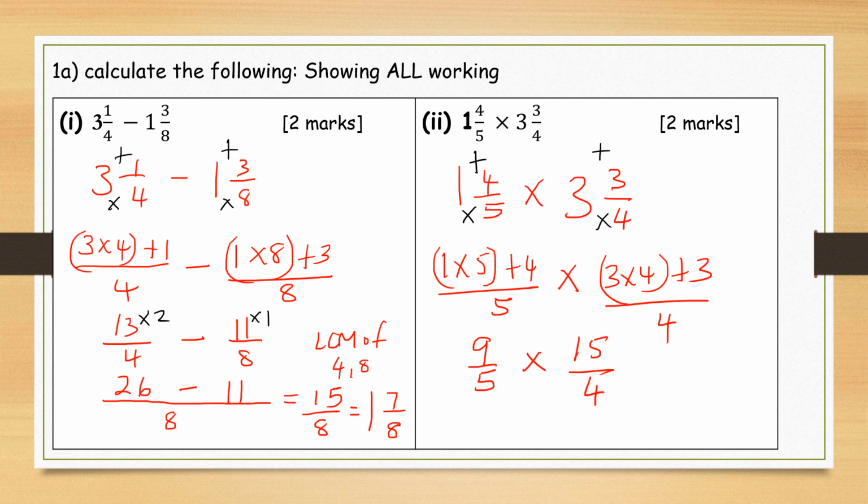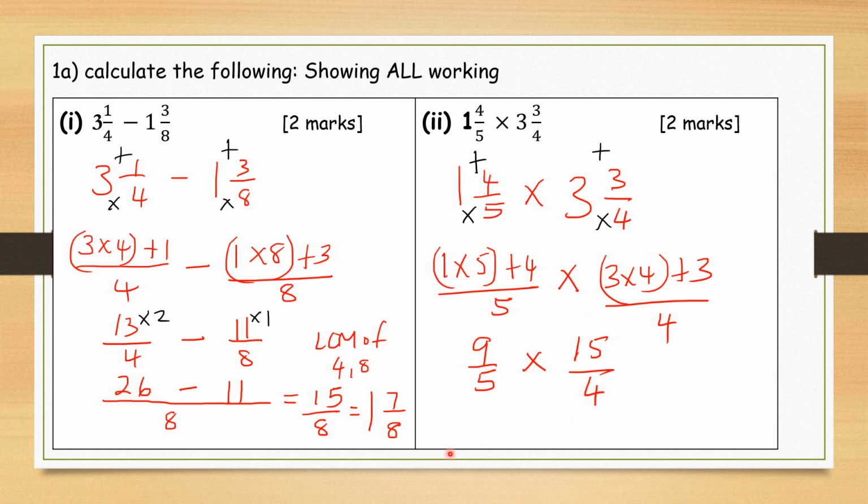Now when you're multiplying, the next step is to just cancel. So you look at your fractions and you figure out if anything here can be canceled. So we can go in this direction, diagonal in both cases, or we can go up and down.